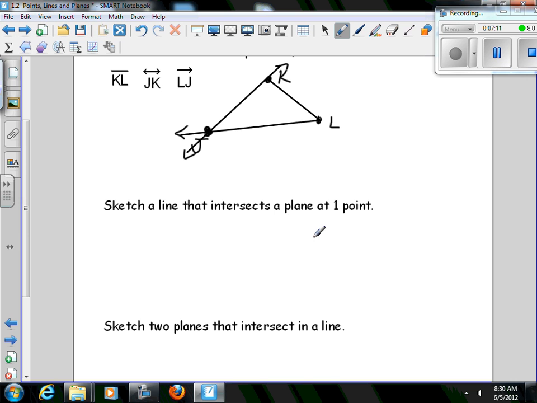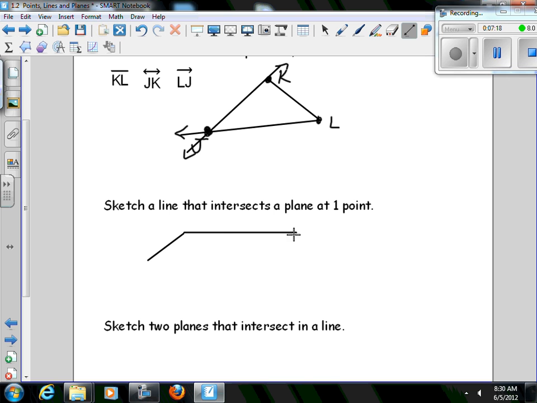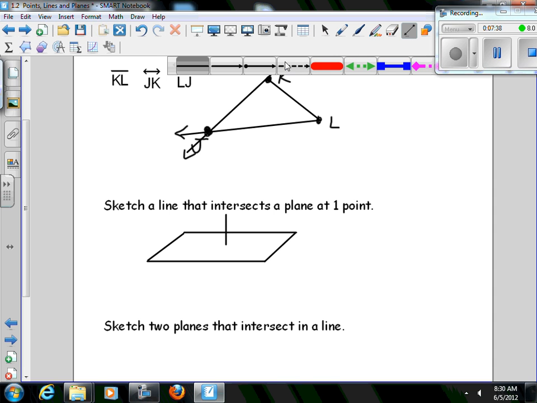Next, it says sketch a line that intersects a plane at one point. So let's do our best here to just sketch a plane, remembering the plane goes on and on forever. So imagine a line that goes right down through that plane. So here's your line, goes right through there, and I'm going to imagine that it just kind of picks up. Imagine that going through the center, and then it picks up.